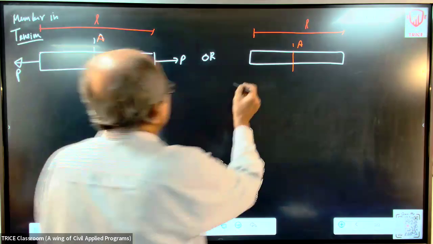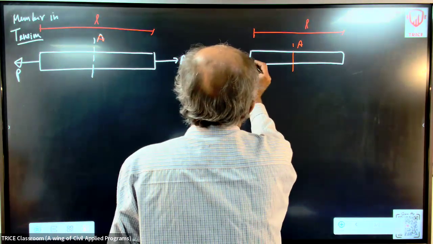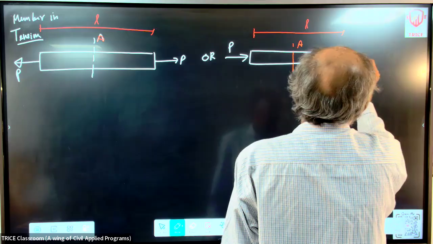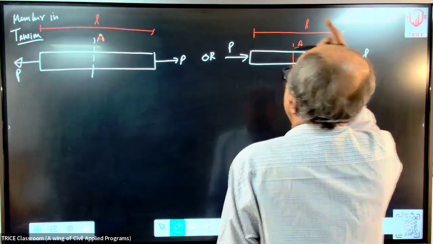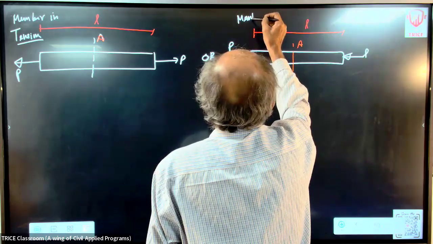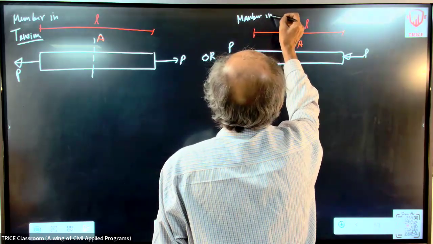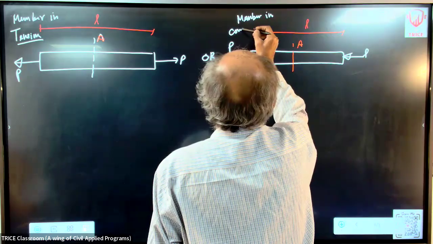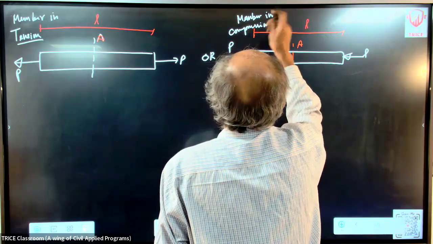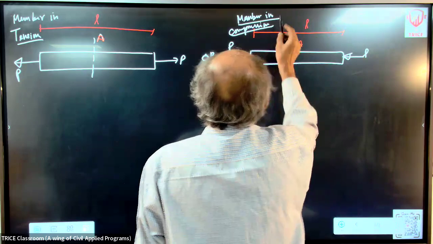Or come here. See, apply a force like this, P. Here also apply a force this way, P. This is the case of a member in compression. Writing may not be fully clear, so I am dictating.